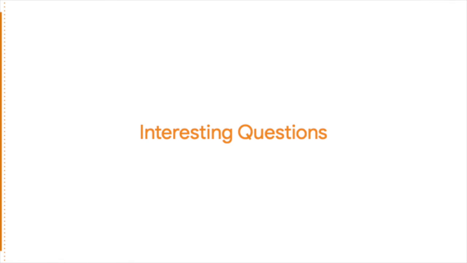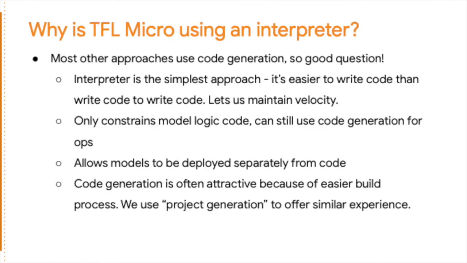And I'm running fairly low on time, so I'm going to skip over pretty fast these interesting questions. But one thing I get asked a lot is why we're using the interpreter. Most other approaches use code generation, so that's a very good question. The biggest reason is that it's just the simplest way to do it.